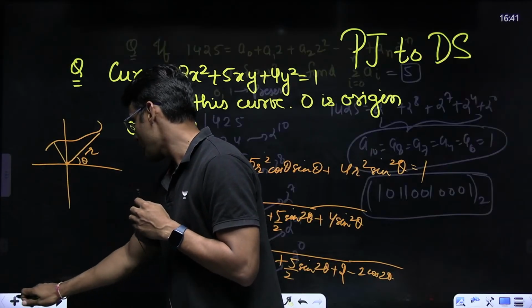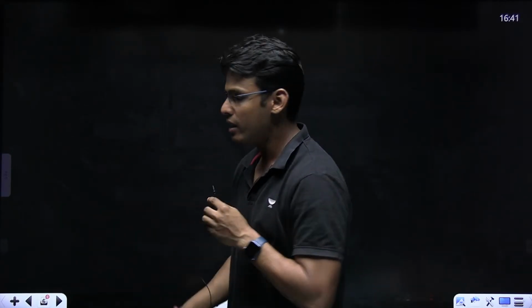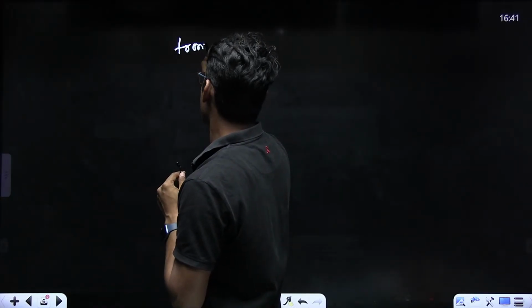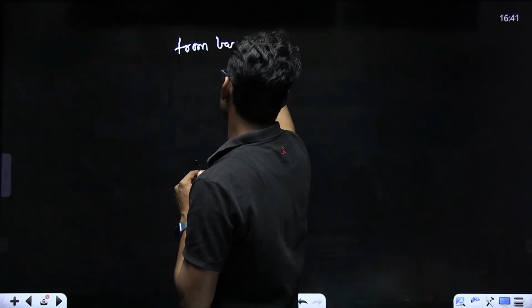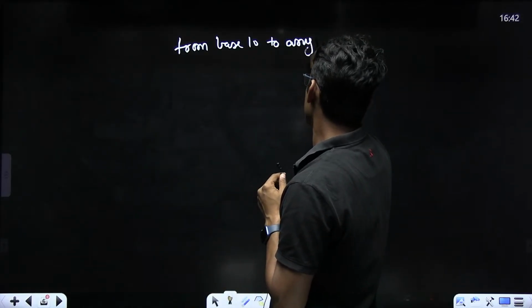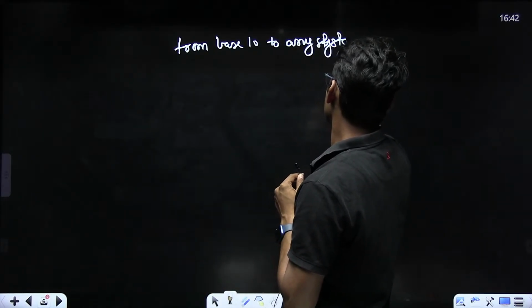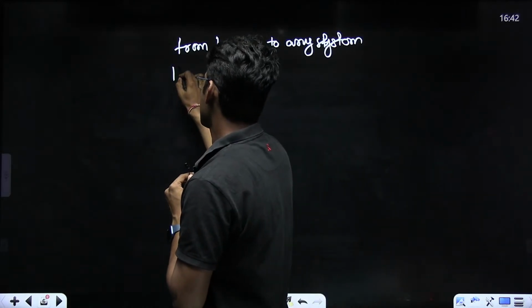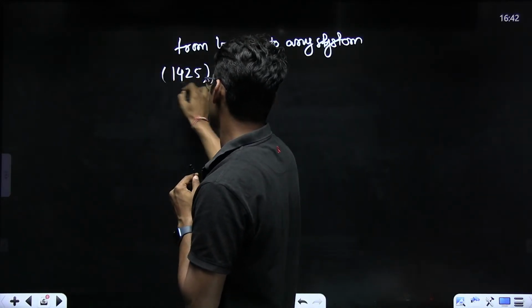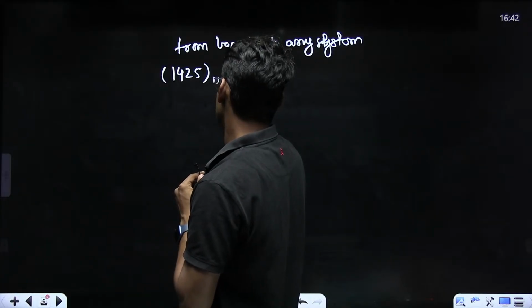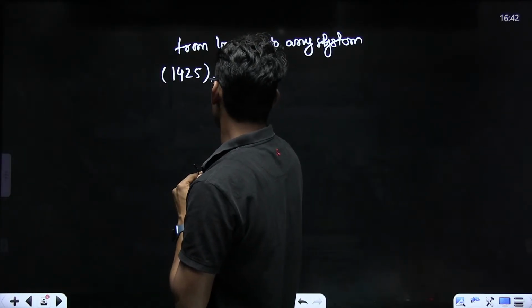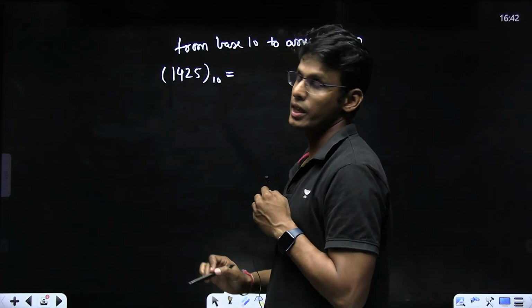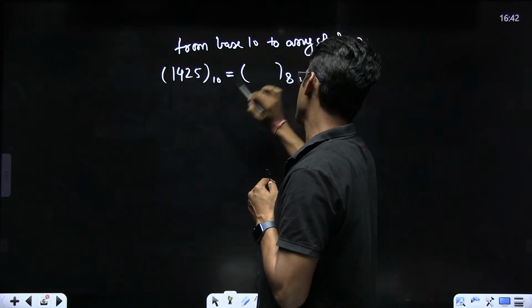Okay. Now let me write from base 10 to any system. So let's say I have to write 1425 base 10 in base 8.